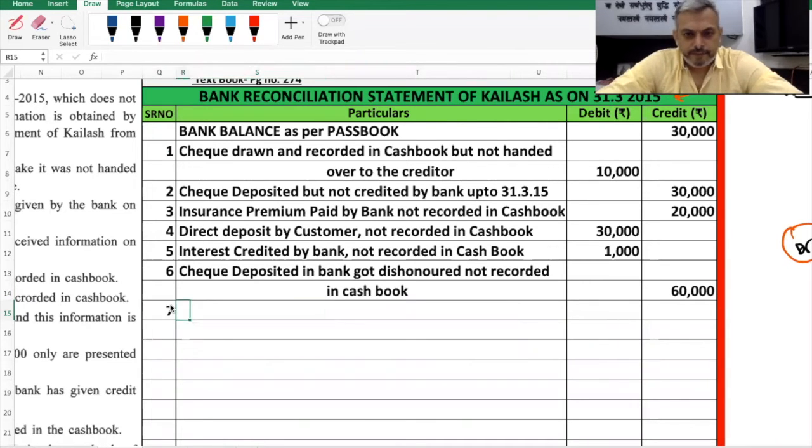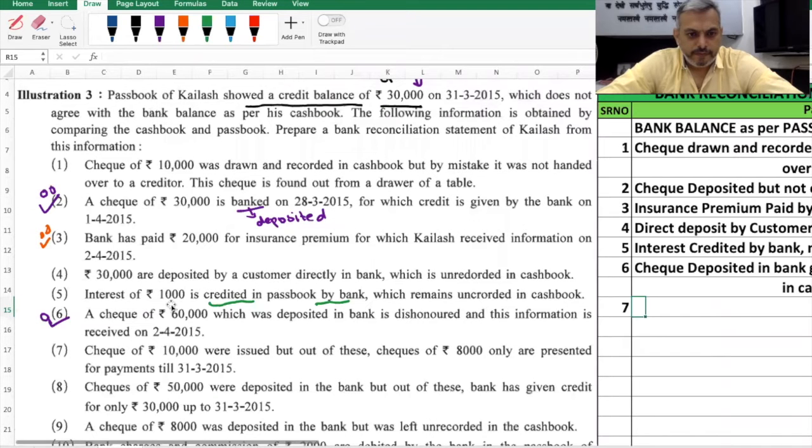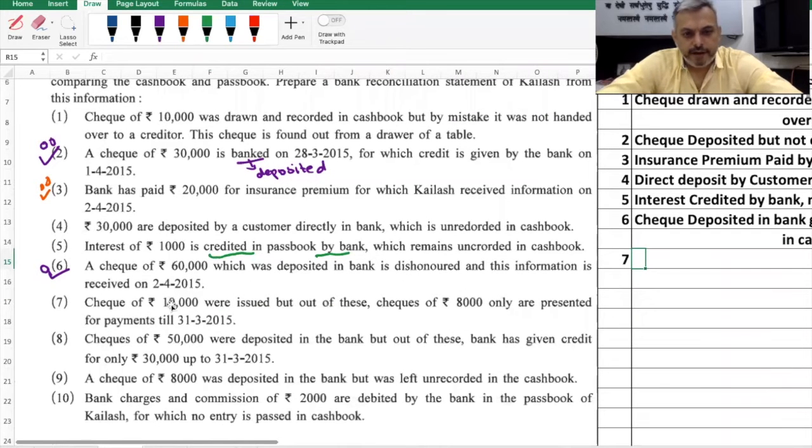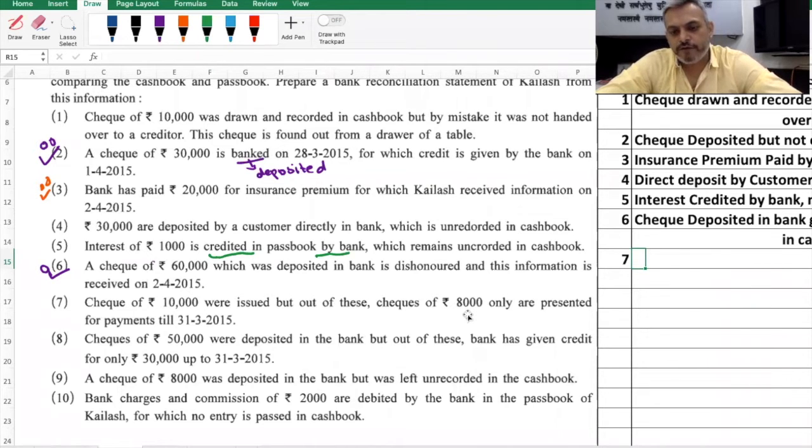7. Check of 10,000 were issued, but out of these, checks of 8,000 only were presented for payment till 31st March 2015. Please pay attention and again mark this important because dates are there and two different amounts are given.